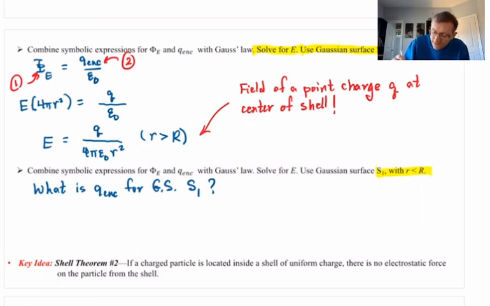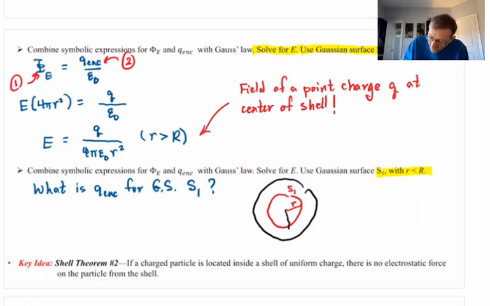Did you visualize that you've got the actual shell of radius big R and the Gaussian surface S1 of radius little r is inside that? Little r is less than big R. So question, how much charge is enclosed in this Gaussian sphere? Don't overthink it. Is there any charge inside S1? If you said no, then the Q enclosed is 0.